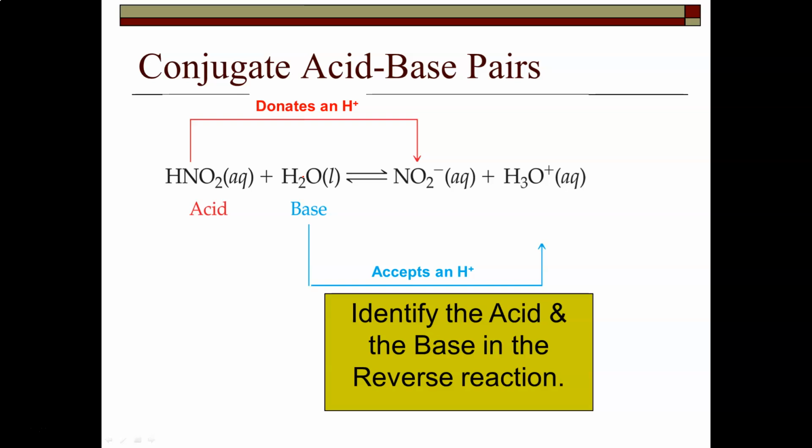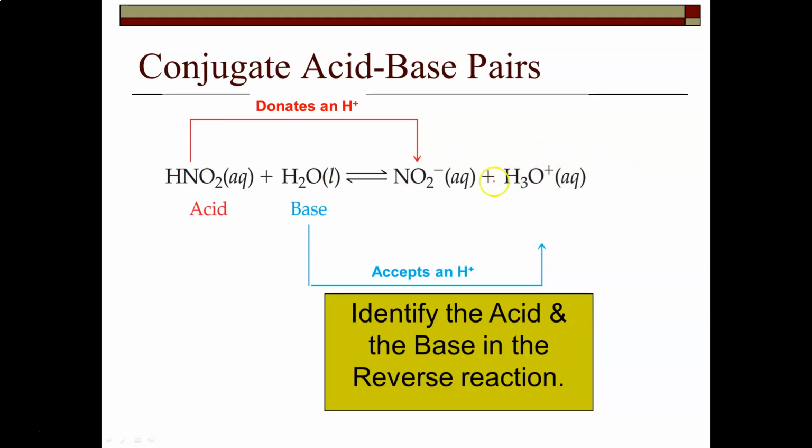All you want to do is look at the reverse direction, the reverse reaction, and figure out what's your proton donor and proton acceptor. Well, if the reaction is going right to left, here's H3O plus. It's creating H2O. So H3O plus to H2O, it's losing that hydrogen. Where is it going? Well, it's going to the nitrite ion because we're making HNO2.